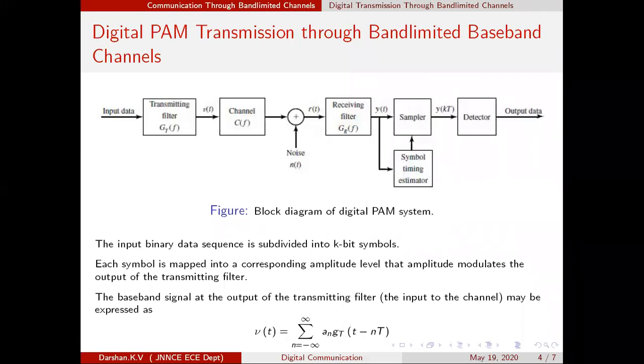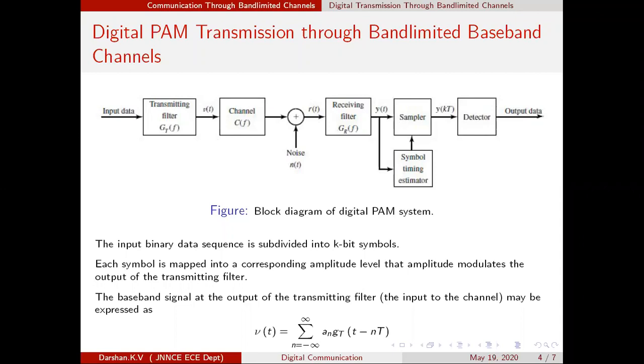I will repeat pulse amplitude modulation again. You have many symbols, as an example 10 symbols. Symbol 1 is mapped to amplitude 1 volt, symbol 2 to amplitude 2 volts, so on and so forth. If you want to transmit symbol 1, you generate a pulse of amplitude 1 volt.